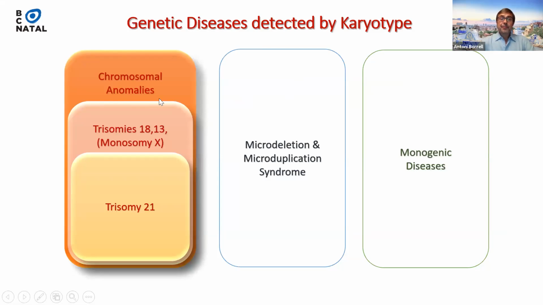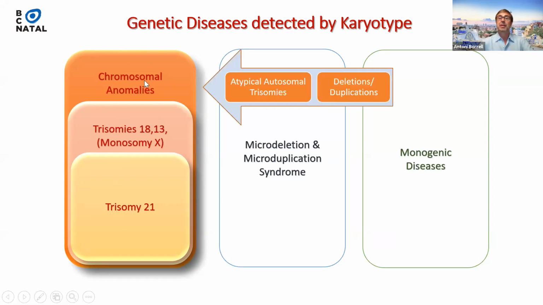So finally, we will analyze what happened with cell-free DNA in the screening for the atypical. The other fourth of chromosomal anomalies that are not these four anomalies are the atypical chromosomal anomalies.